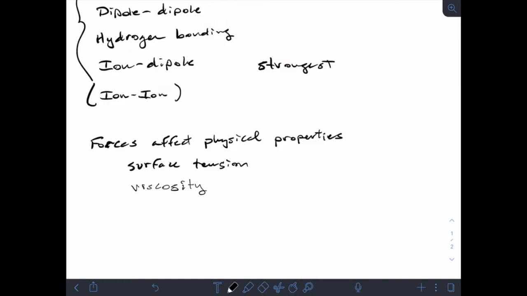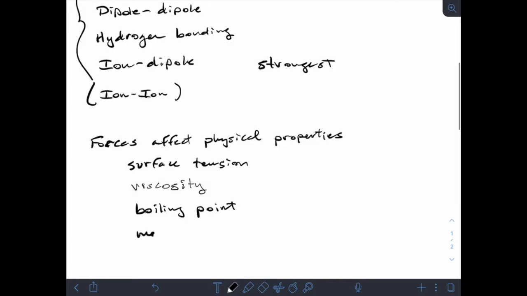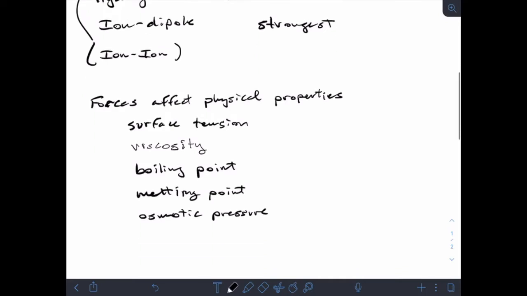Surface tension, viscosity, boiling point. Melting points. Osmotic pressure. And vapor pressure.